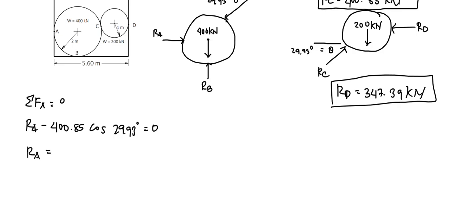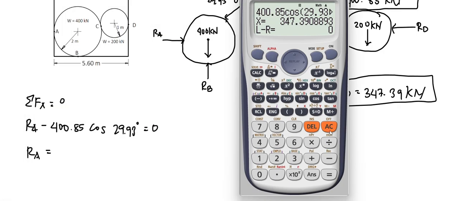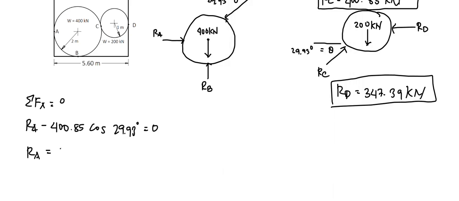Therefore, RA is equal to 347.39 kilonewtons.